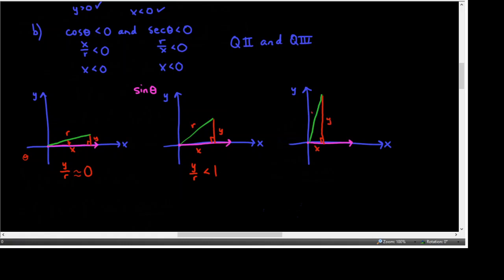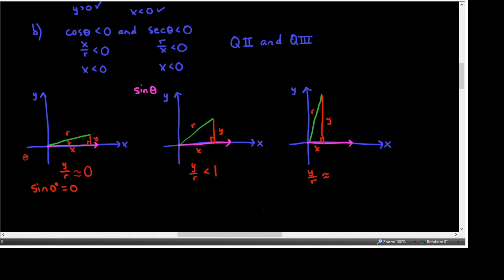and here's r. Well, the further up we go, this fraction y over r is getting closer and closer to what? Well, if you remember the quadrantal answers, sine of 0 degrees was 0. So that totally makes sense that when the angle is really close to 0, y over r is going to be close to 0.